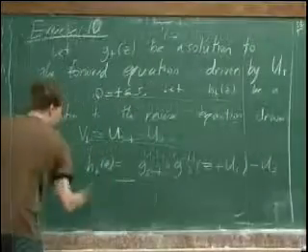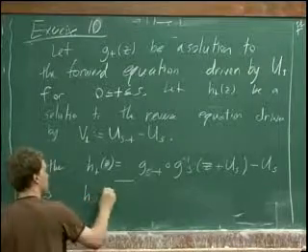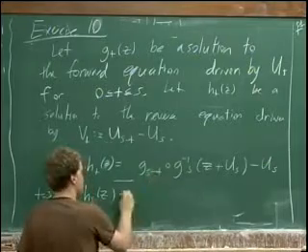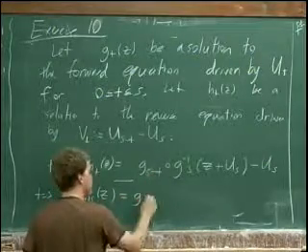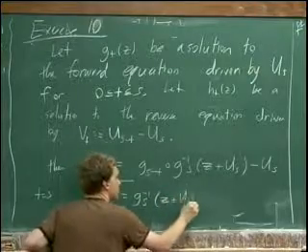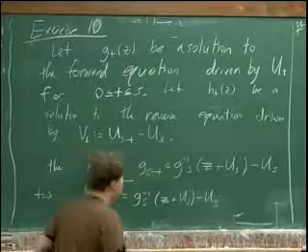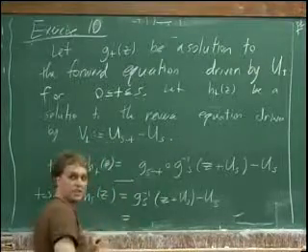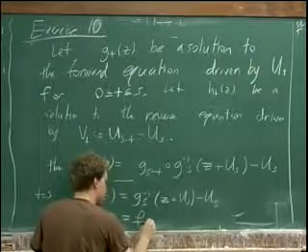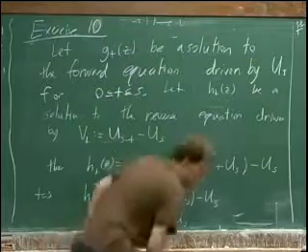When t equals s, h sub s of z, this g sub s minus t here just vanishes. We get the same thing as g sub s inverse of z plus u sub s, minus u sub s, or equivalently, in the notation we defined earlier, this thing has a name. This is f sub s of z, then minus u sub s.